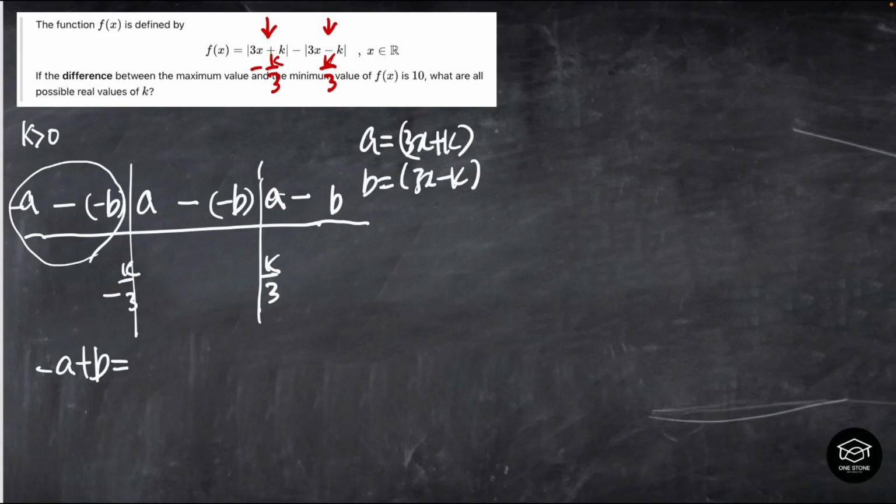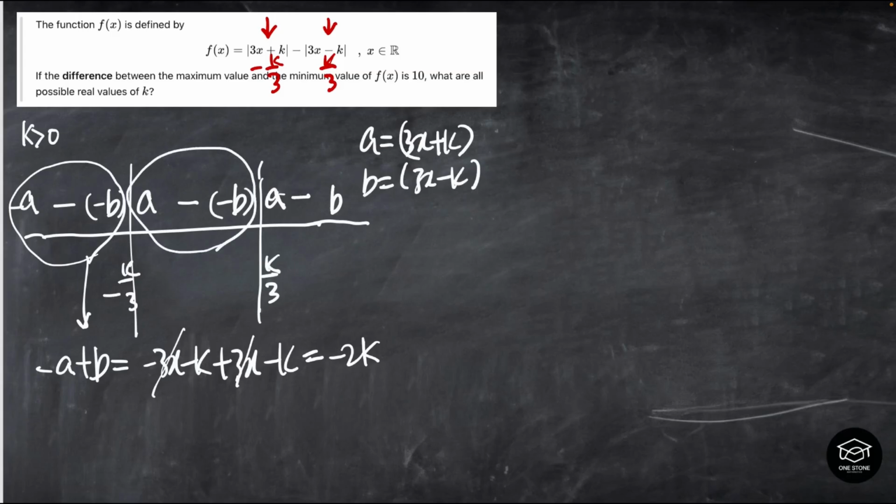This simplifies to negative a plus b. Substituting in the expressions for a and b: negative 3x minus k plus 3x minus k. The 3x terms cancel out and we are left with negative 2k. So in this region the function is constant and f of x equals negative 2k.